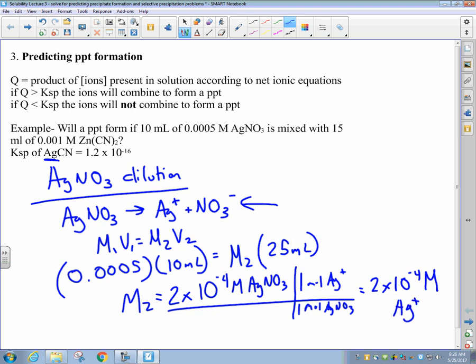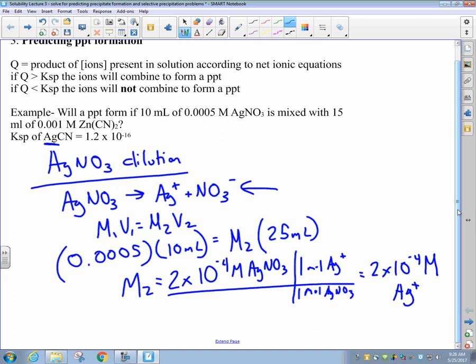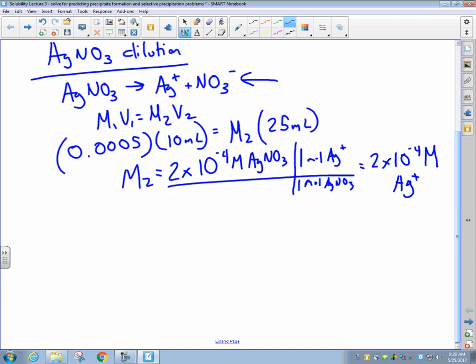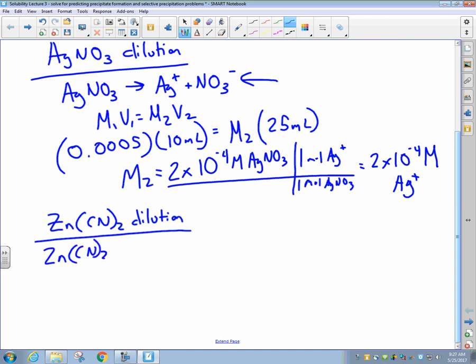We now need to do the same thing with the zinc cyanide. We need to do a dilution for that. So we have the zinc cyanide dilution. Process is very similar to what I just showed you. The zinc cyanide will dissociate into zinc ions and two cyanide ions.